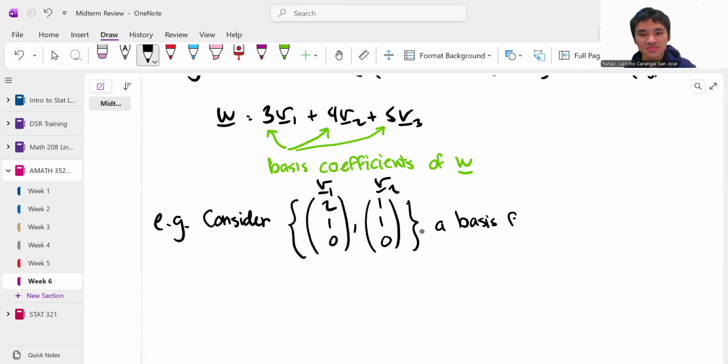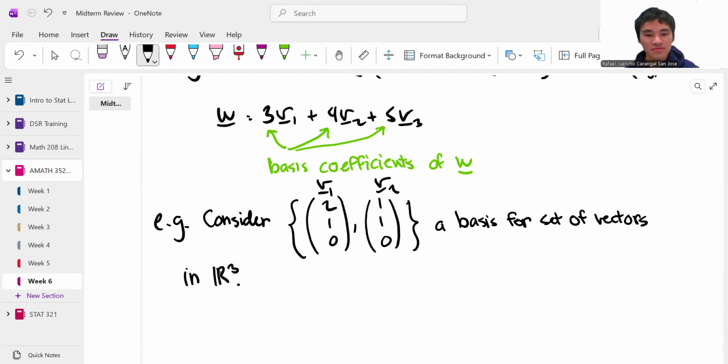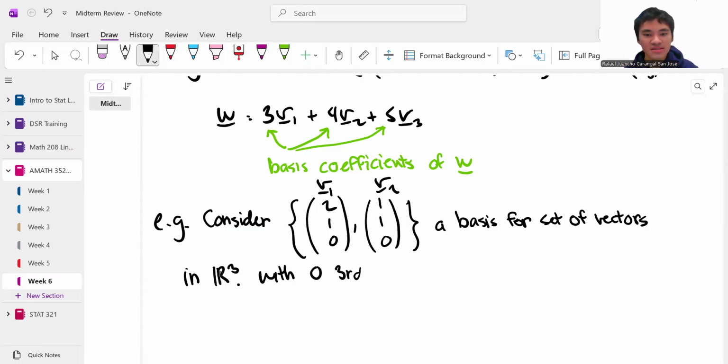And let's say this is a basis for a set of vectors in R3, with 0 as the third components.